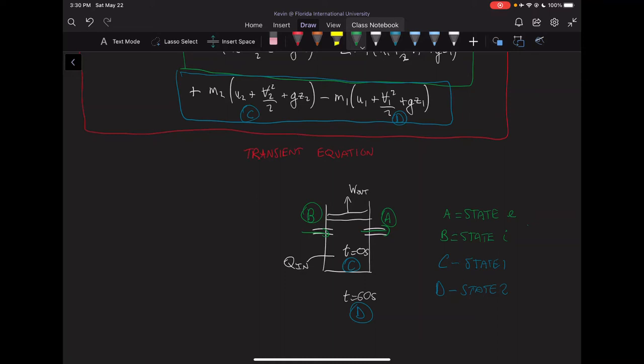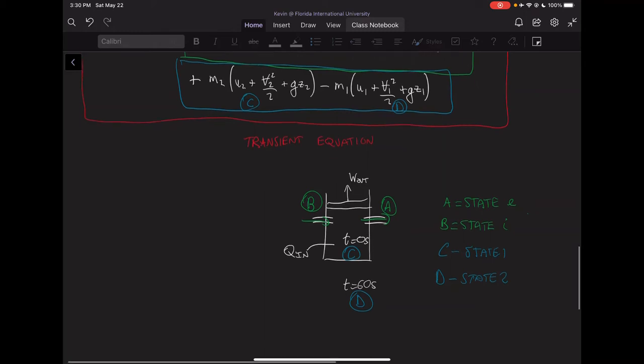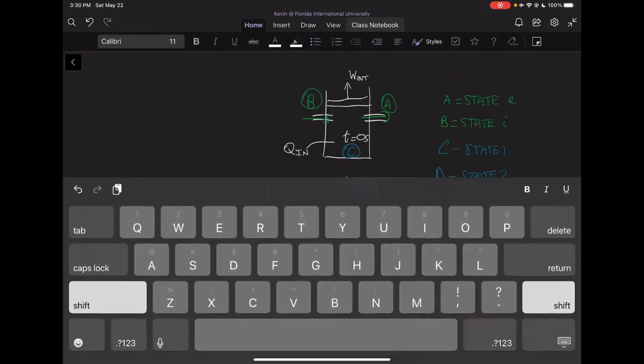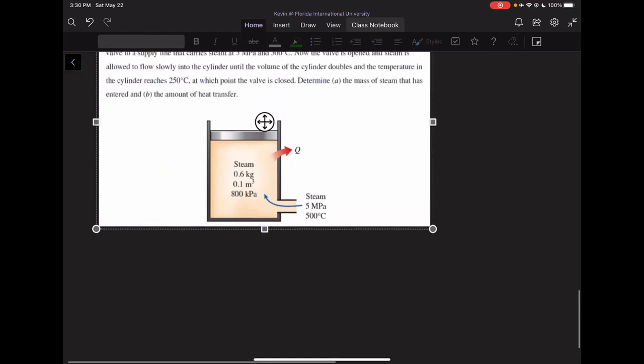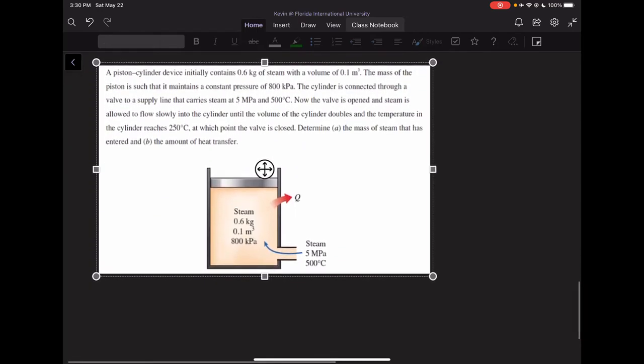So the next thing we're going to be doing is trying to apply this equation to a pretty simple problem to sort of understand how we can apply it to a transient system where we have a change in mass within the system. So I'm going to copy over an example problem from your handout, and we're going to be doing it together now.